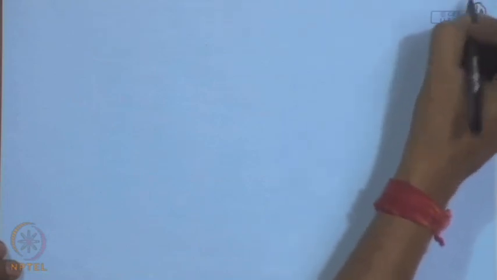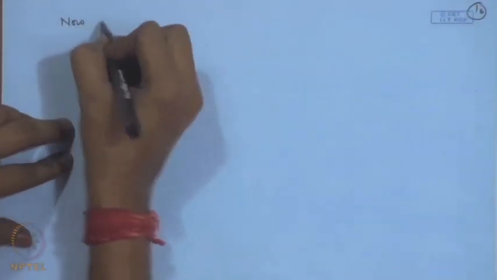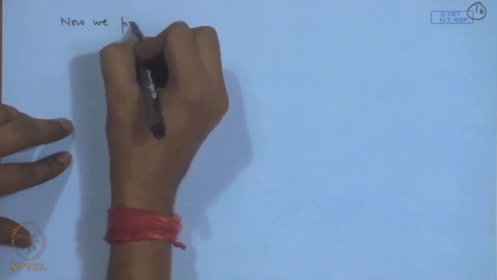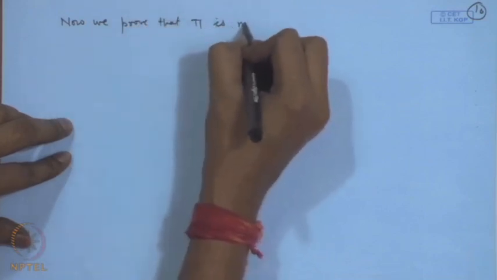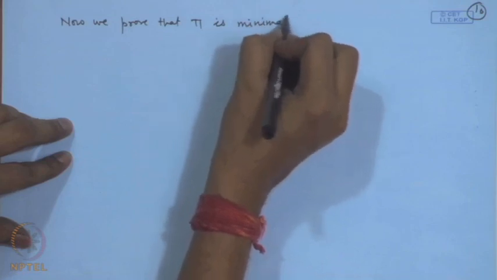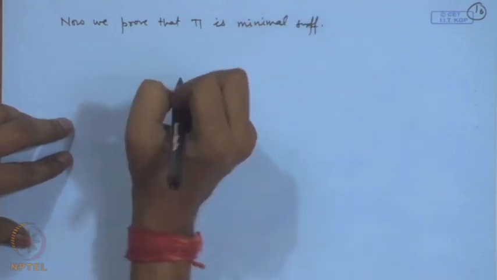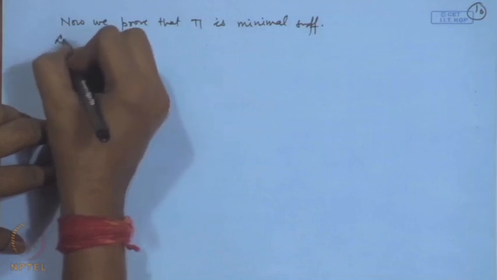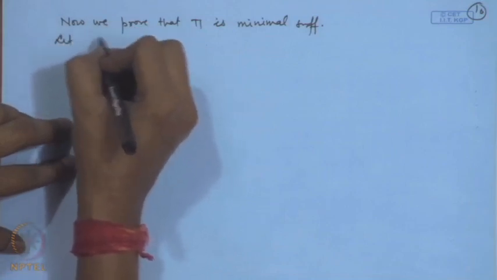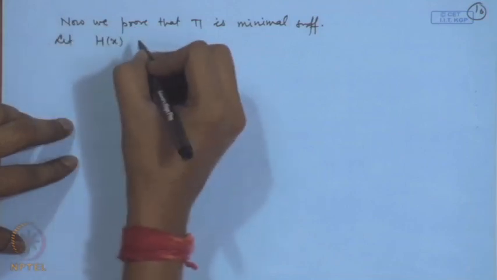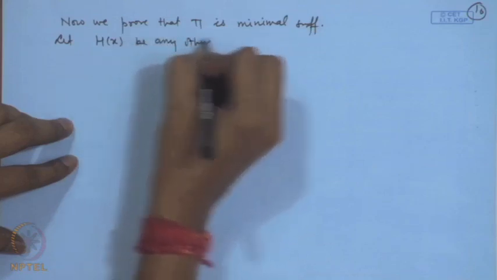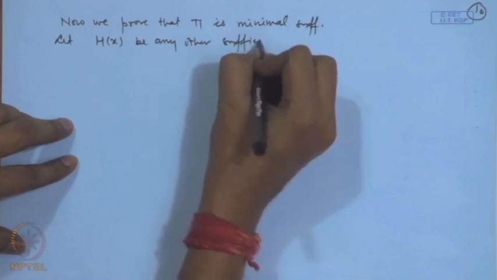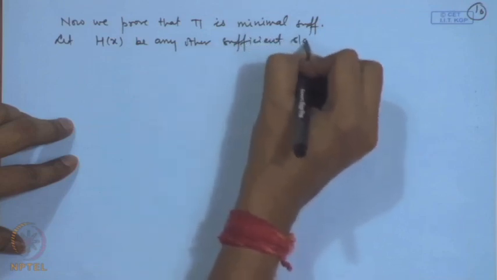Now, we prove that pi is minimal sufficient. For that, let us consider another, say h(x), let h(x) be any other sufficient statistic.